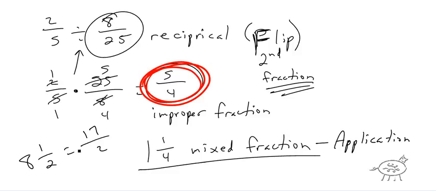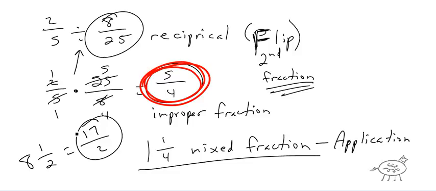So these are equivalent. But let's say we ordered all these pizzas, and you guys munched on all the pizzas, and I had to give a report to the principal and tell the principal how many pizzas the class ate. And I went down to the principal and I said, principal, the class ate 17 halves of a pizza. The principal would be like, what? Are you kidding me? 17 halves? What the heck is that?